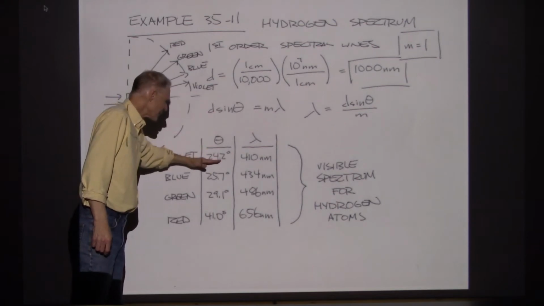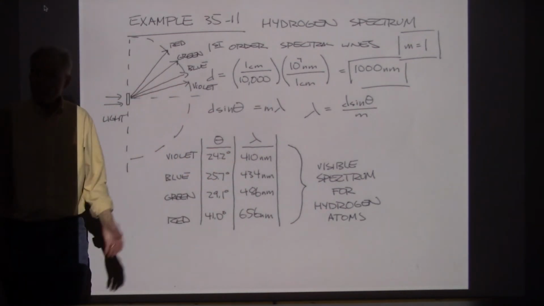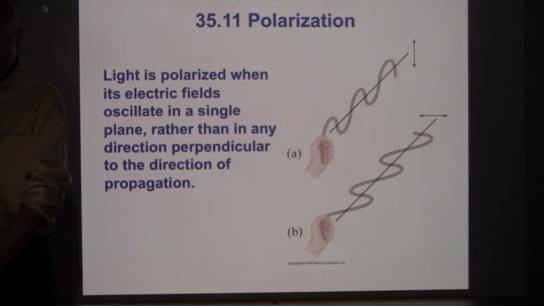All we have to do then is look at the angles and calculate each of the wavelengths. And those are the 4 very prominent wavelengths in hydrogen. Once we get into the quantum mechanics of atoms, we're going to be able to derive those 4 wavelengths. We're going to be able to show where those 4 wavelengths of light come from in hydrogen based on the interactions of the electron and proton. Okay, something to look forward to, I hope.